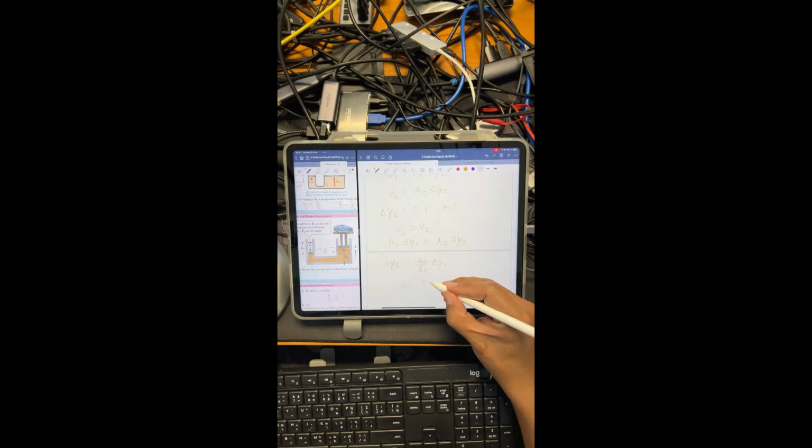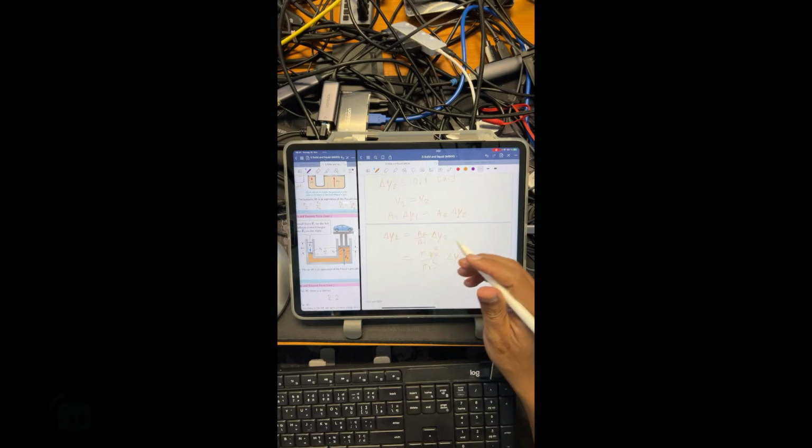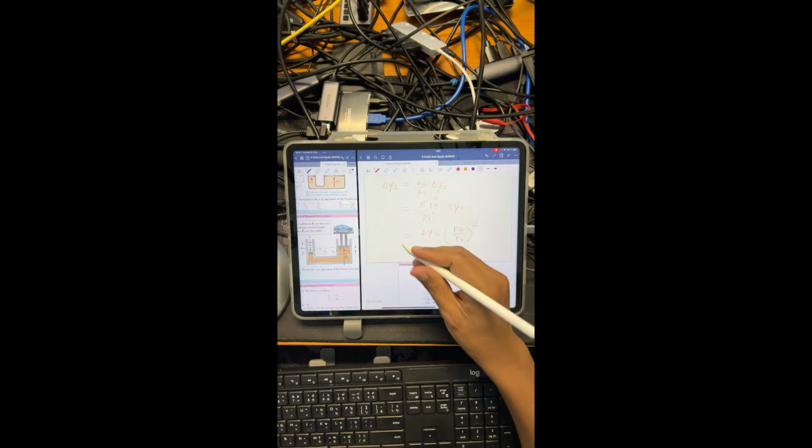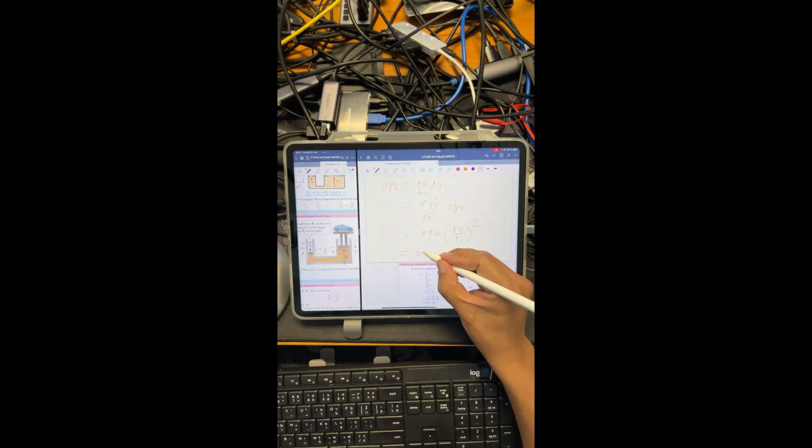A2 is pi R2 square, and A1 is pi R1 square, times delta Y2, right? Of course, you can cancel the pi, and you get delta Y2 in front, and here is going to be the ratio of R2 divided by R1, squared, right? So let's substitute delta Y2 is 0.1 meter.